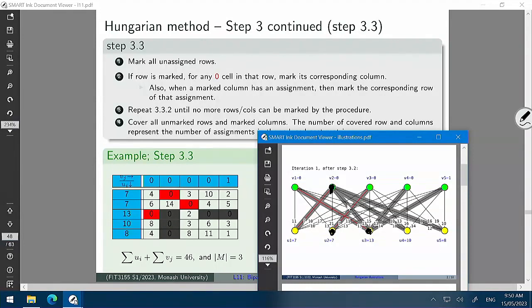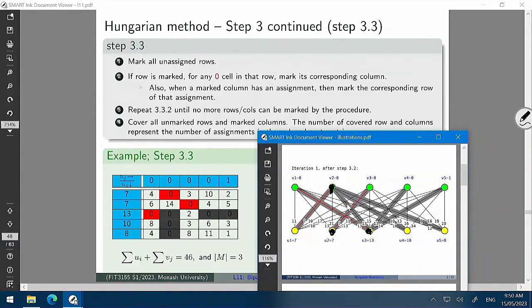It's because I will look at those that are outside them and try to change them to an equality. Augment the UIs and VJs so that I have more zeros to choose from in the next iteration. Because right now, in my way of assignment, I'm stuck.